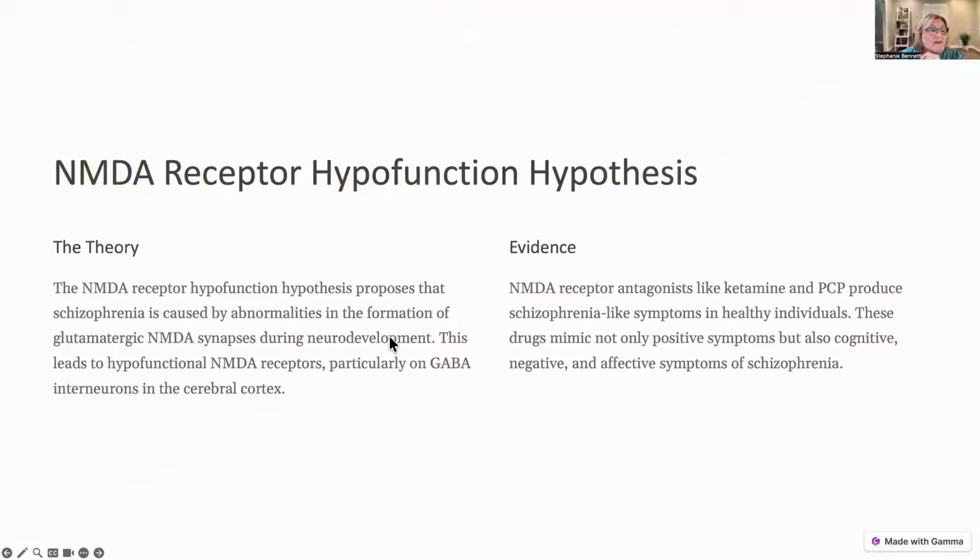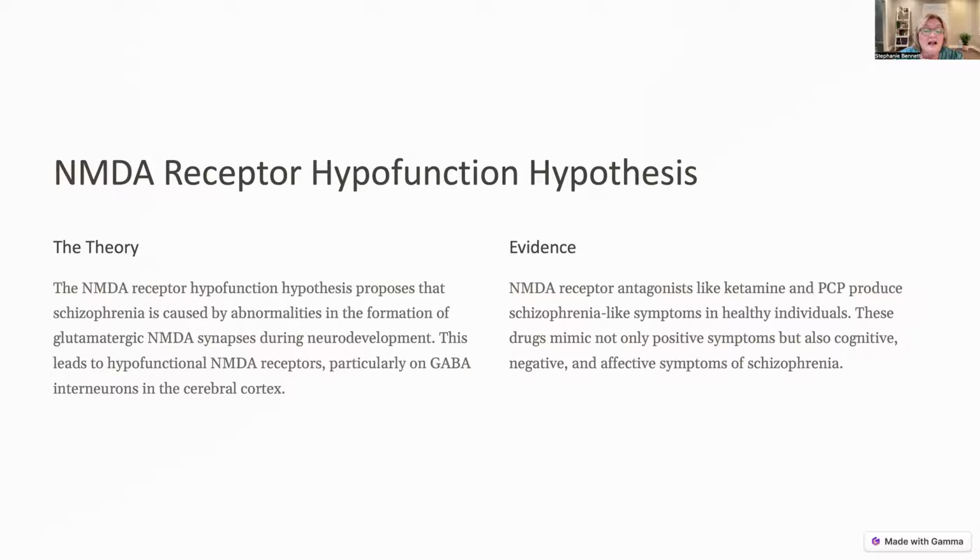There's another hypothesis about the NMDA receptors, and they're thinking that the hypofunction may produce some of the abnormalities that you see in the neurodevelopment of an individual with schizophrenia. They've seen some effects on GABA.